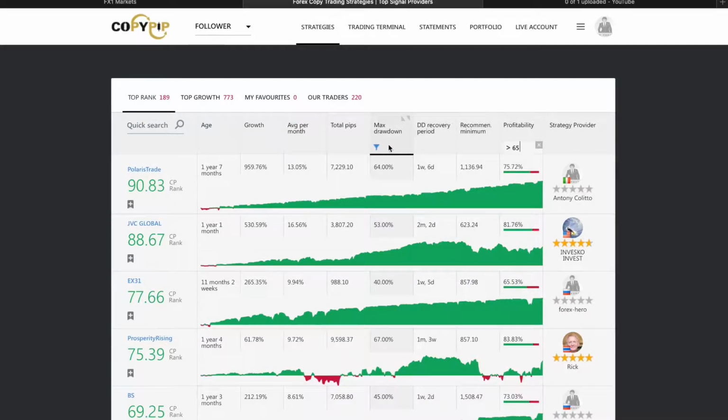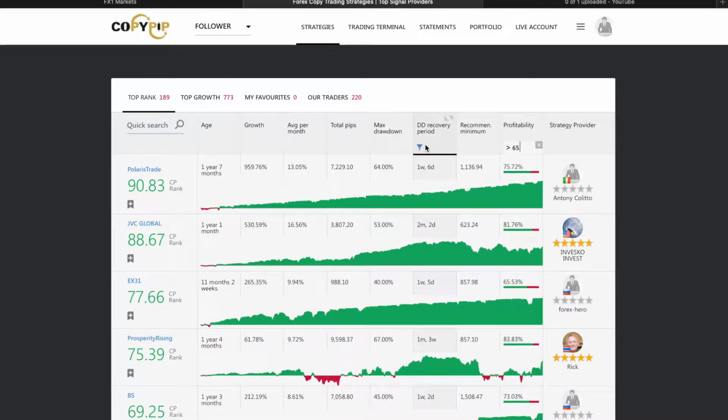So I'm not gonna touch the drawdown and DD recovery because I want to know what exactly happened with the trader. Maybe some of the traders had one mistake early in the beginning, and you can consider it not a repetitive drawdown.